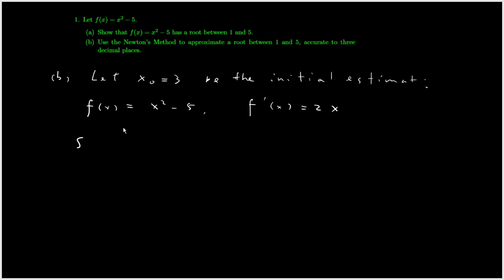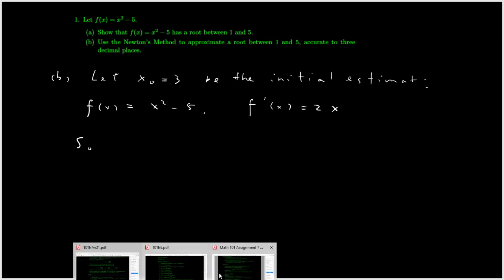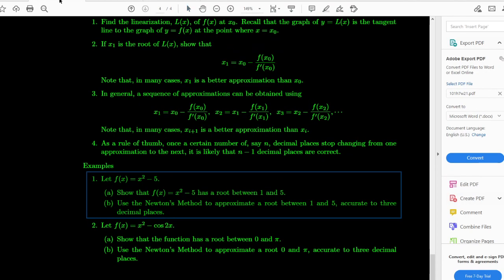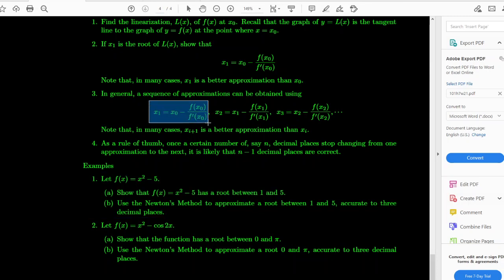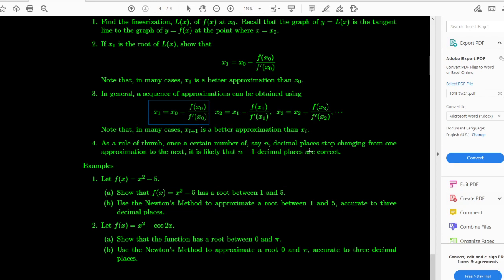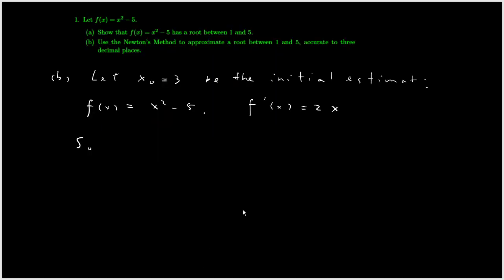So copy the formula first. You look at the handout. x1 is computed using x0 minus the value of the function at x0 divided by the derivative of the function at x0. I just copy the formula to here.